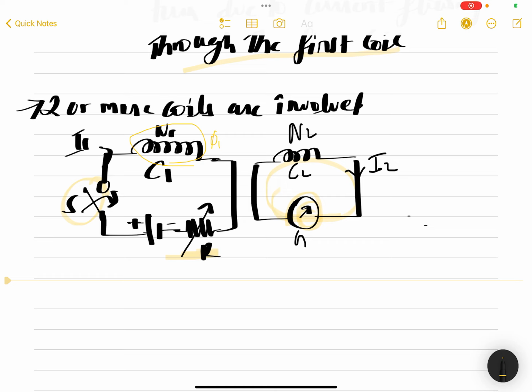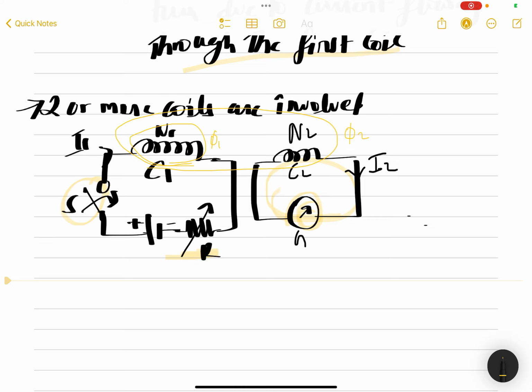See, flux is not like a stationary member. Okay, these are all imaginary things. Your magnetic field will extend up to an infinite plane; only the magnitude will reduce, right? So since these coils are placed in the vicinity of each other, phi1 will complete its path through the second magnetic circuit, which can be denoted by phi2.